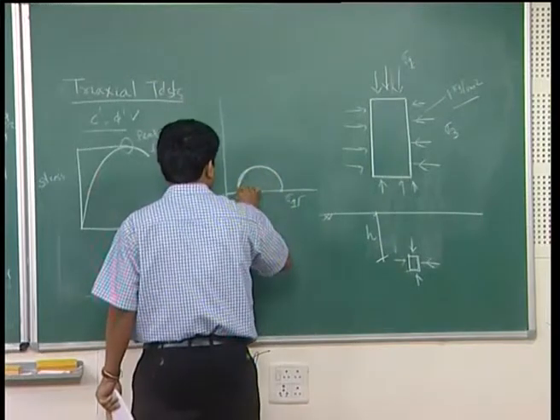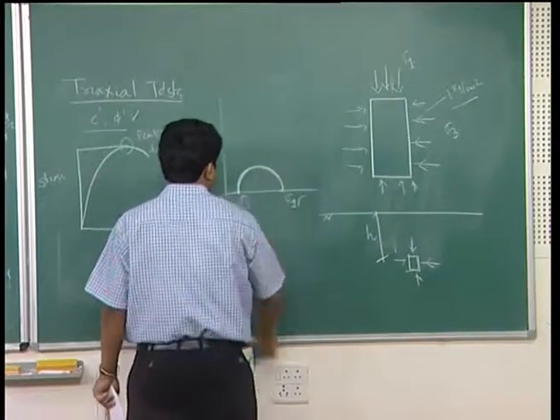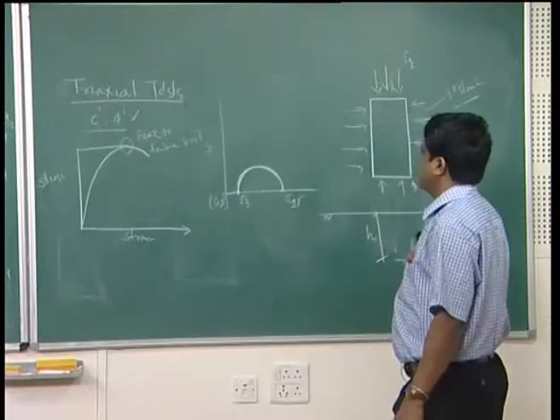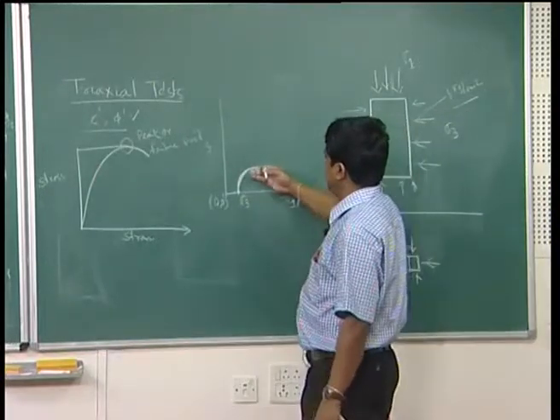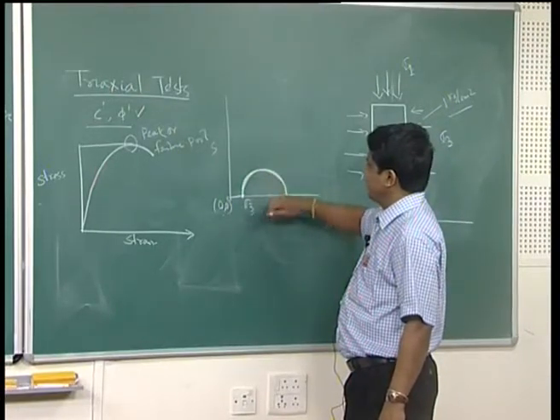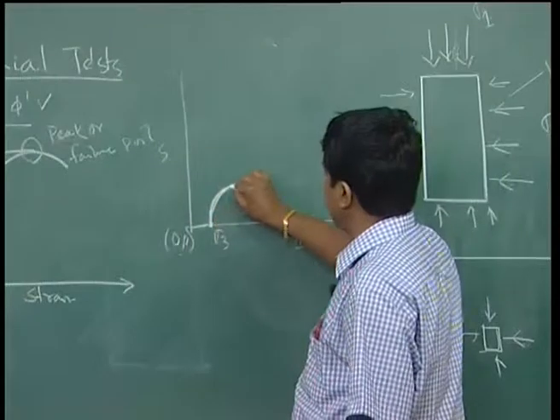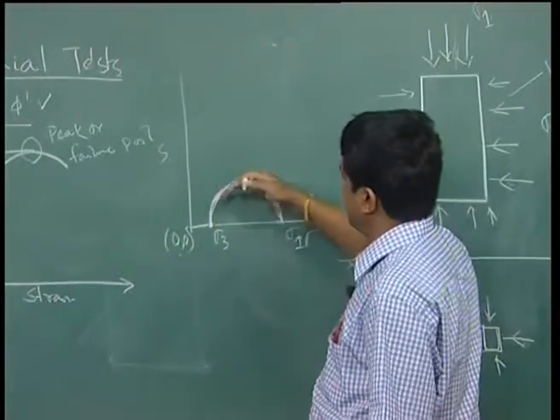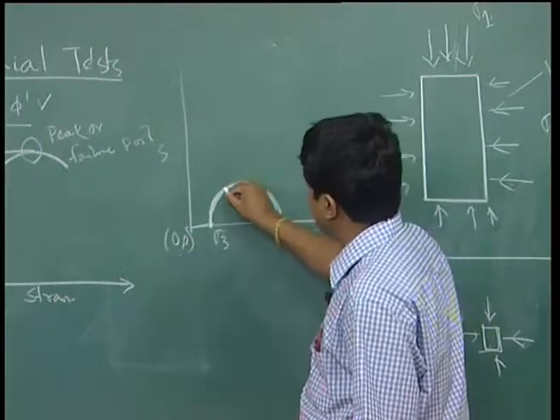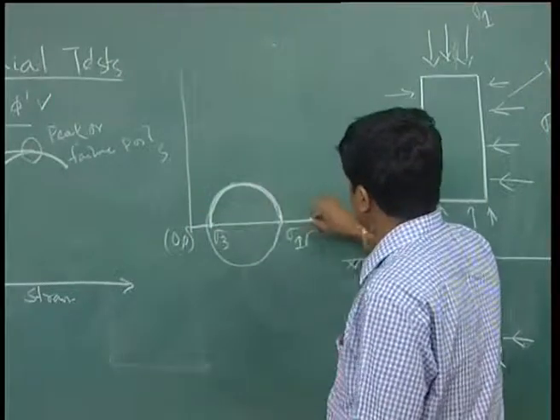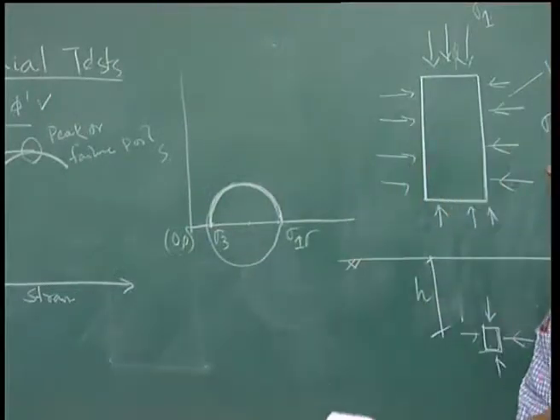Now, a question to all of you: why has only half of the Mohr circle been drawn, why not the full? Though it is a mirror image, you still have to say why. If I draw a Mohr circle it is full, but only half of the Mohr circle is drawn in geotechnical engineering.